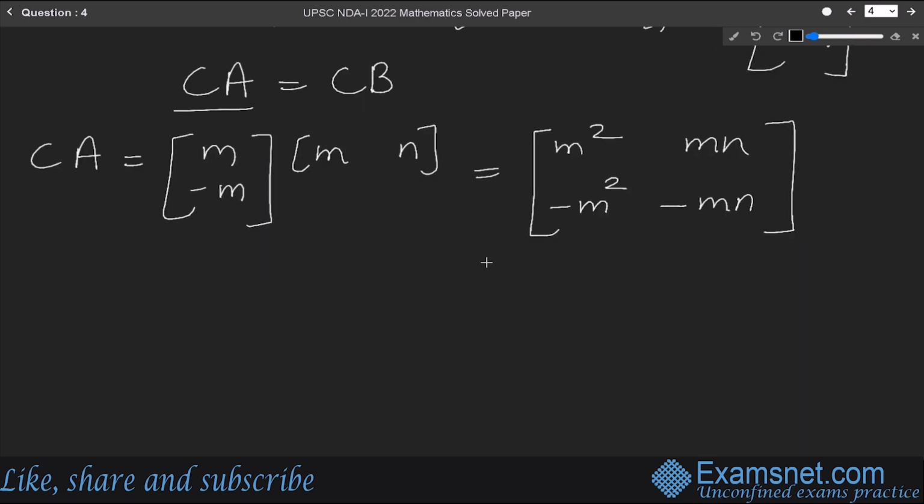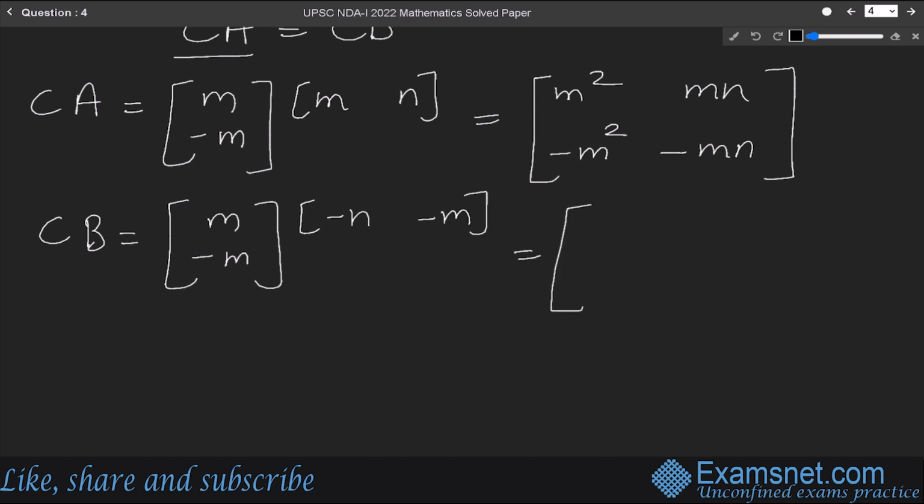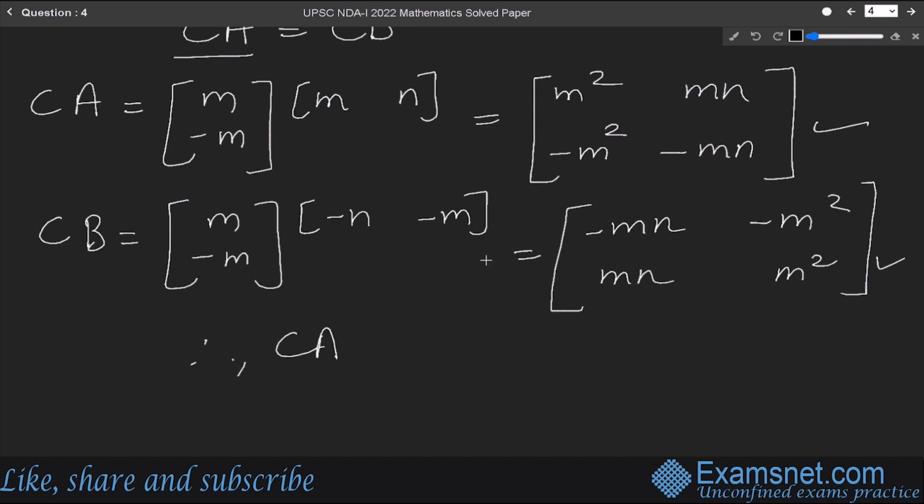Now let us find the value of CB. CB will be equal to [m, minus m] into [minus n, minus m]. Further multiplying, we get minus mn, minus m square, mn and m square. Now you can see that the value of CA and CB is not equal. Therefore, CA is not equal to CB. Option 1 is not correct.